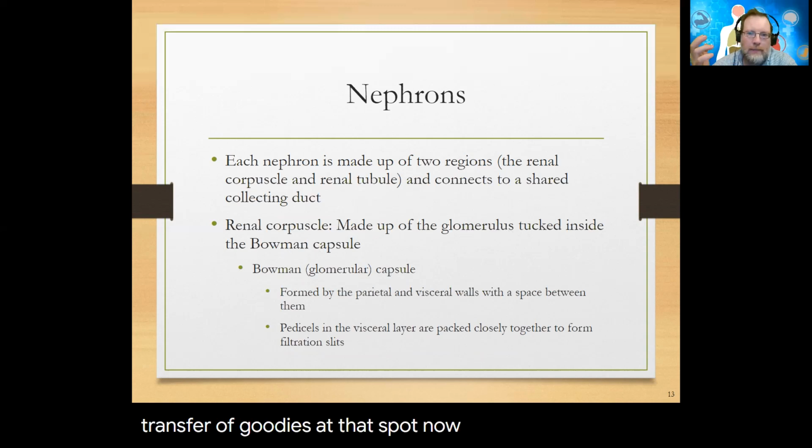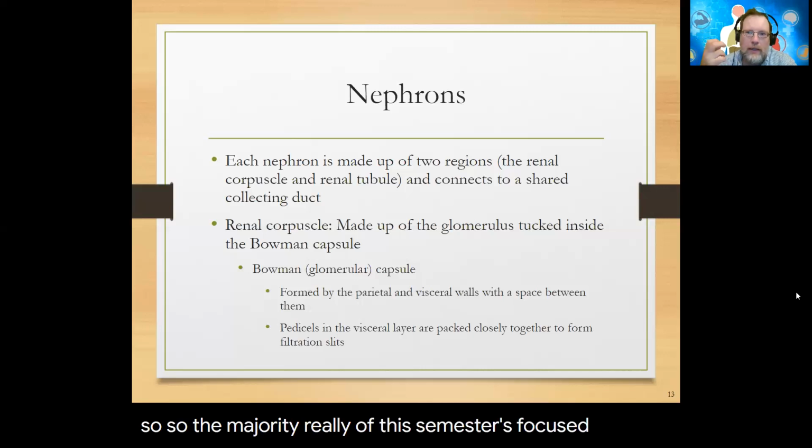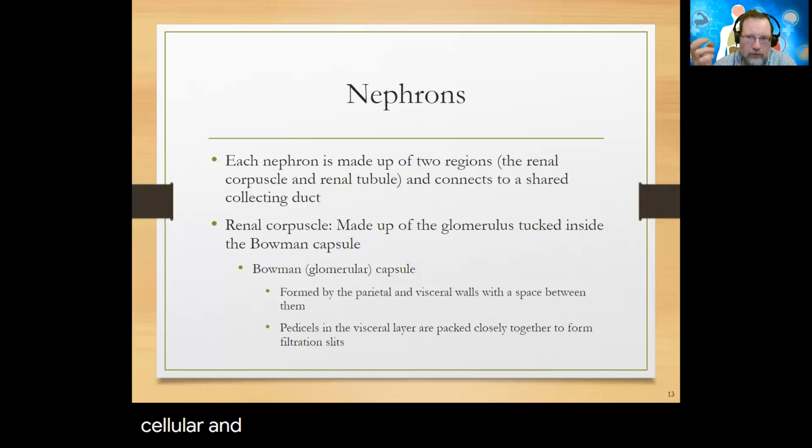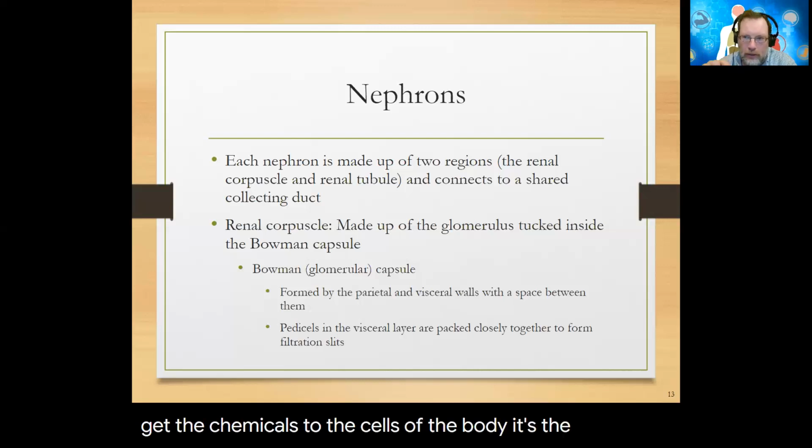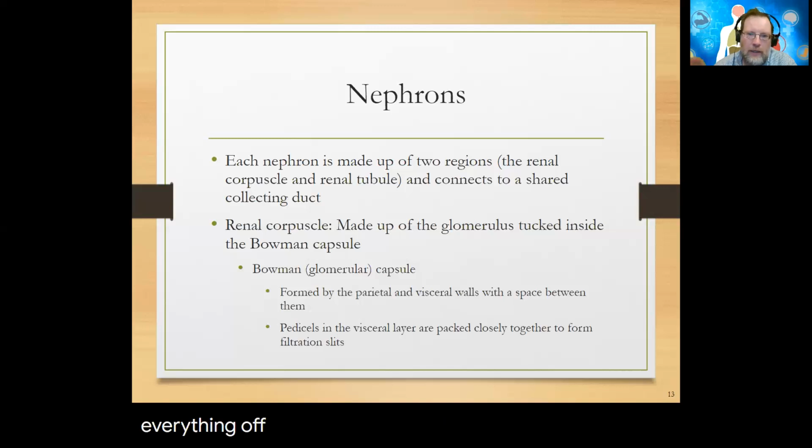Now, any time you hear capillary, the majority of this semester is focused on the cellular and chemical levels of organization. And in order to get the chemicals to the cells of the body, it's the bloodstream via these capillary networks, dropping everything off that needs to be dropped off, picking everything up that needs to be picked up.